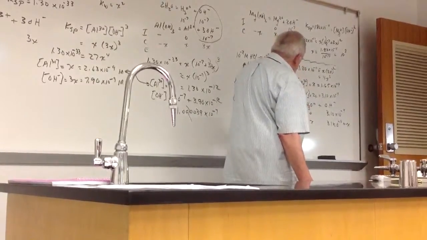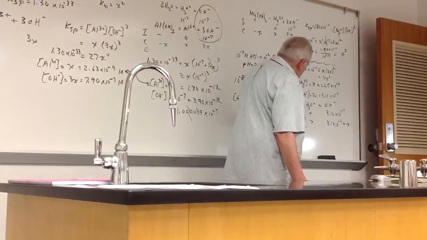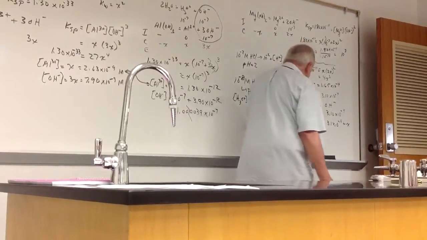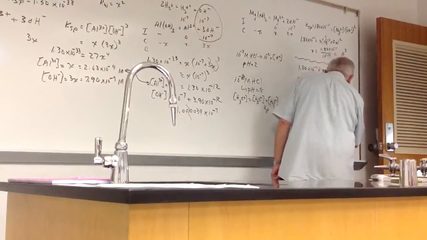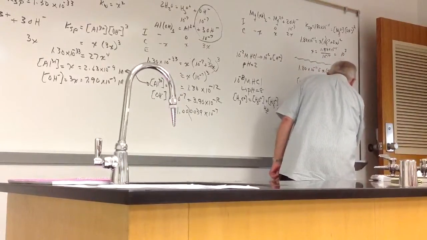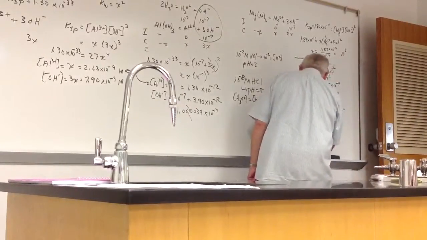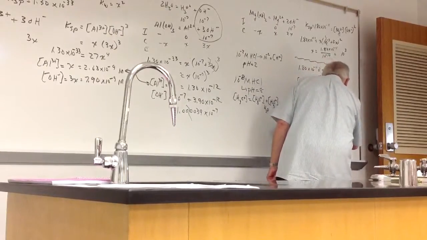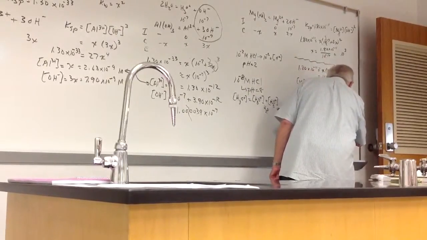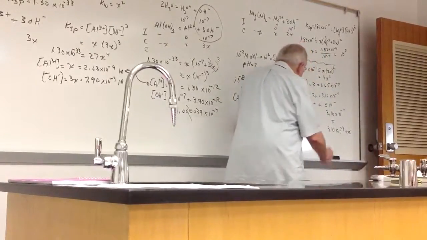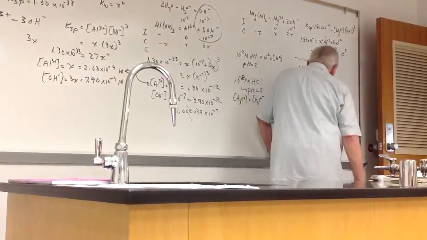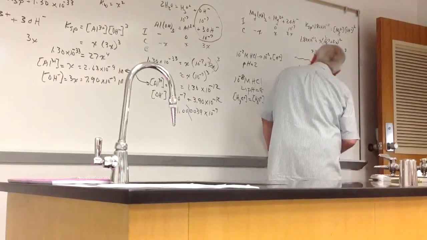Well, I didn't put in KW, but I did my I and C. My next one would be E. Here's my E. This is X, plus X. And this one's still X. So this is my setup for the problem.